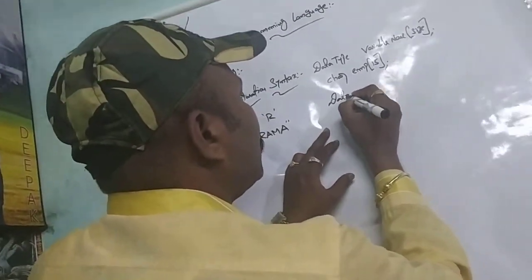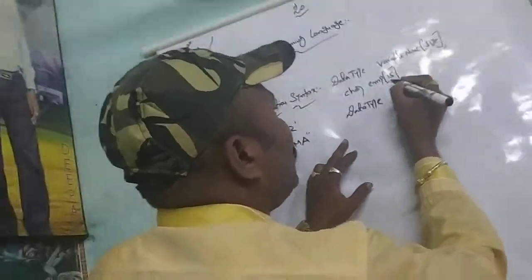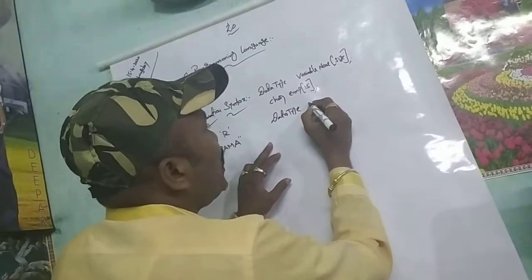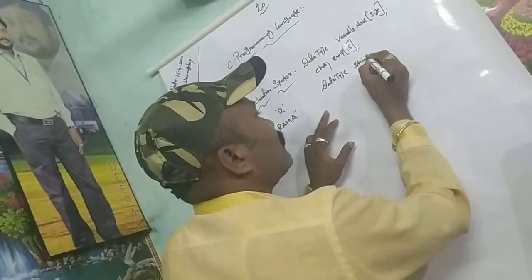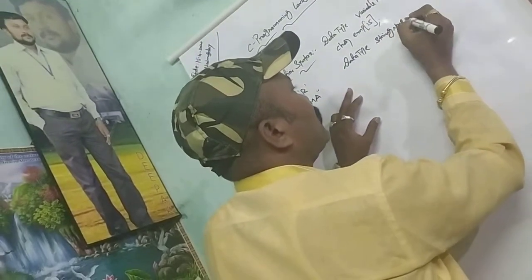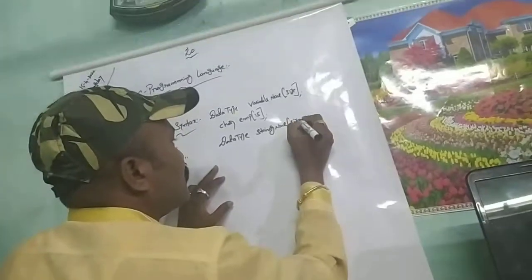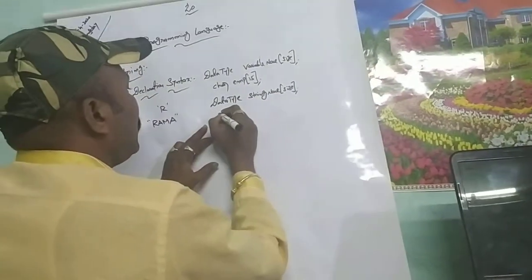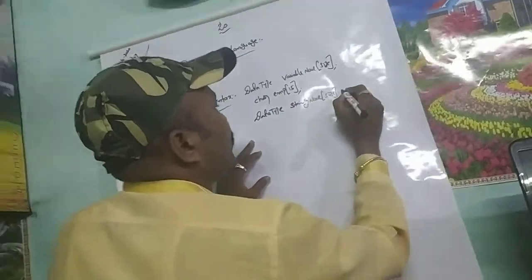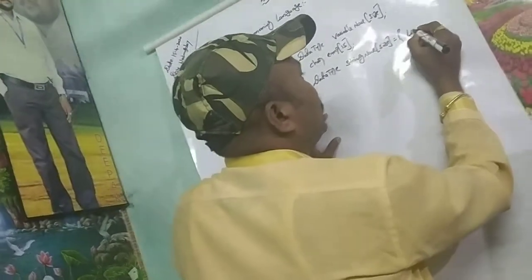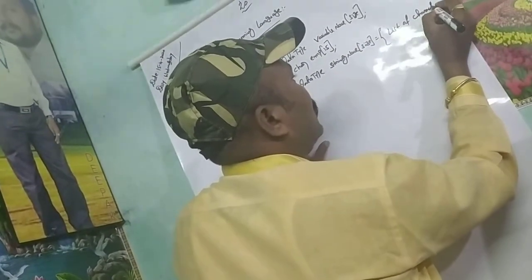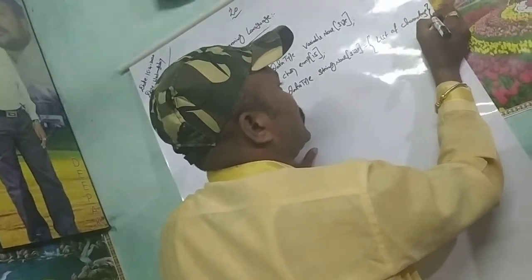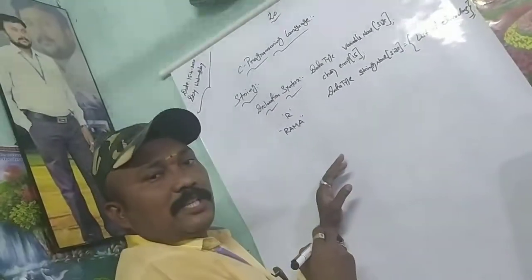Data type, then string name or variable name, then size, then equal to list of characters, ending with a semicolon.